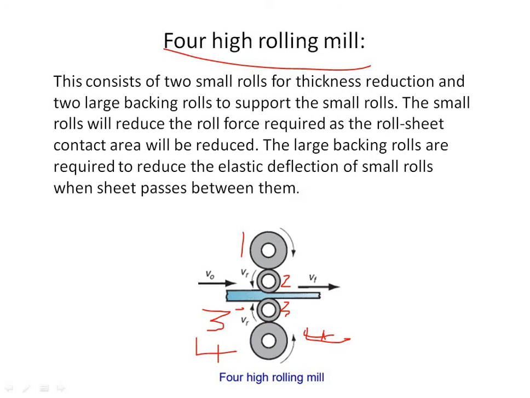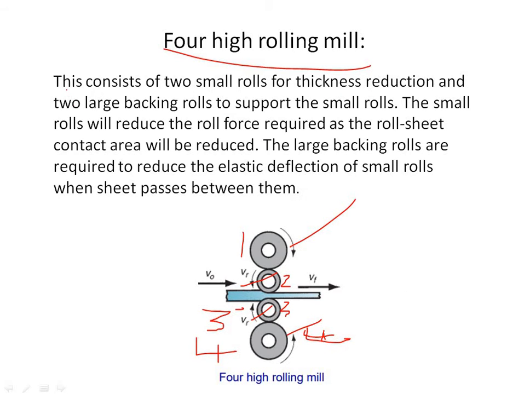This consists of two small rolling mills, as you can see in the sketch, which rotate in opposite directions, and two big rolling mills, which also rotate in opposite directions.